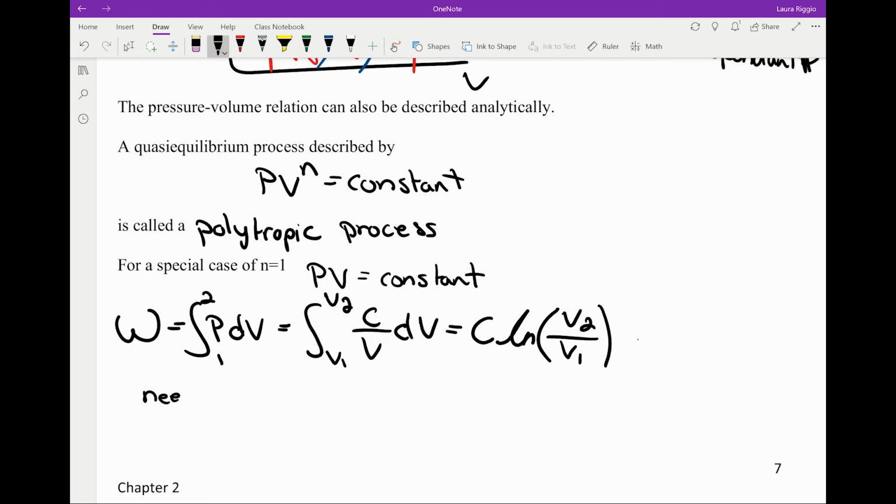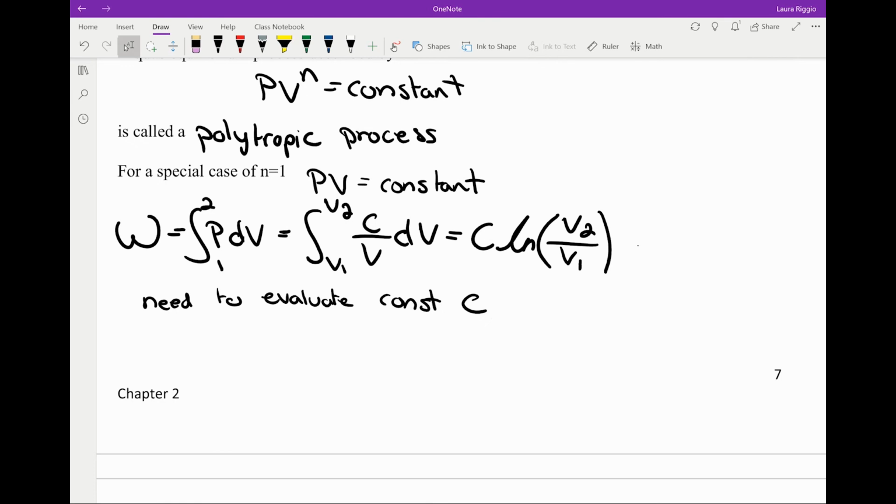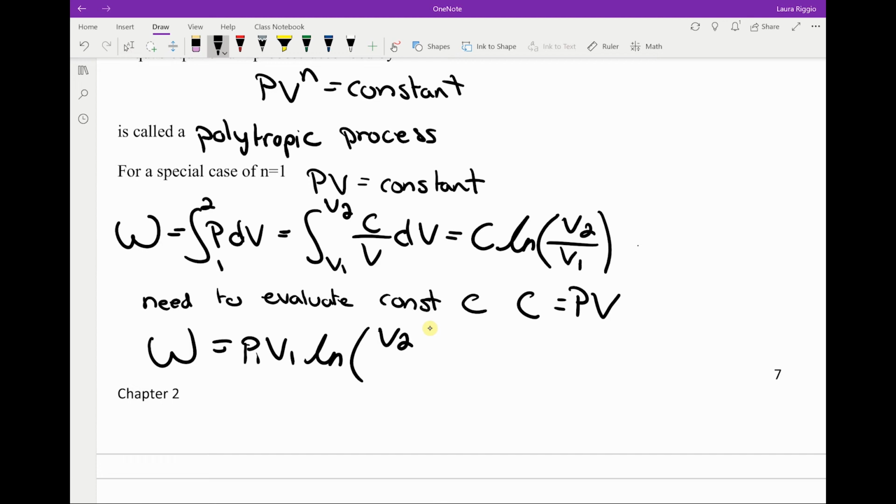So we need to evaluate the constant C, and that constant C can be evaluated at either state 1 or state 2 because C is equal to PV. So we get our work is equal to P1 V1 times the natural log of V2 over V1.